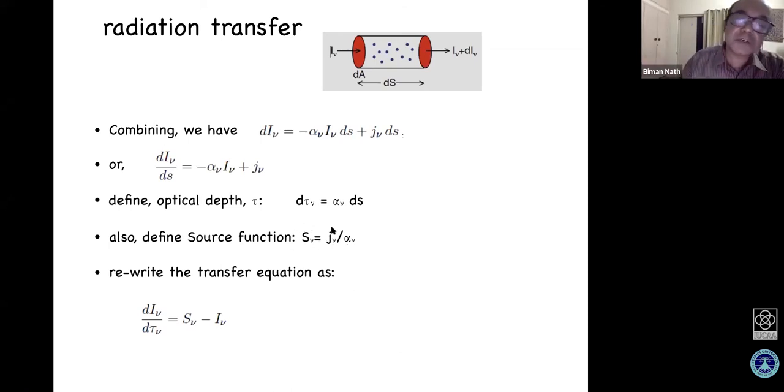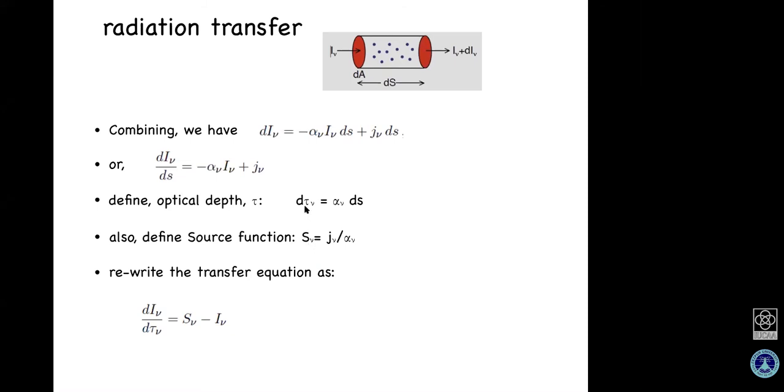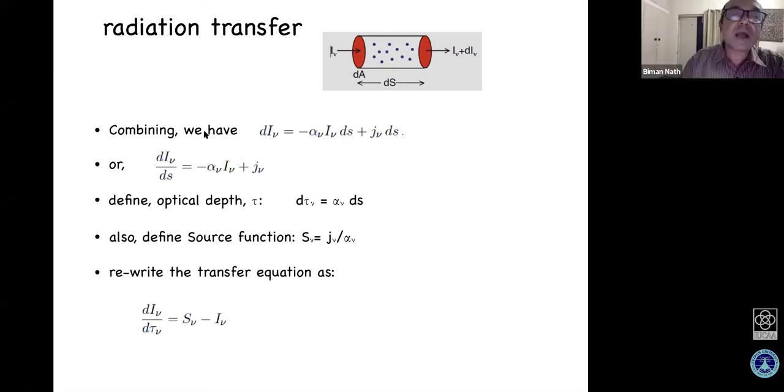So suppose I define a source function like this and define d tau, then I can write this differential equation in a very compact form. So this ds, I'm going to write as d tau, and this is now S nu minus I nu. And this is the equation that I'm going to worry about. Are you with me at this point? I'm going to ask you again to bear with me and be a little bit patient. I know that it may be something new, and it's not an easy concept at all.